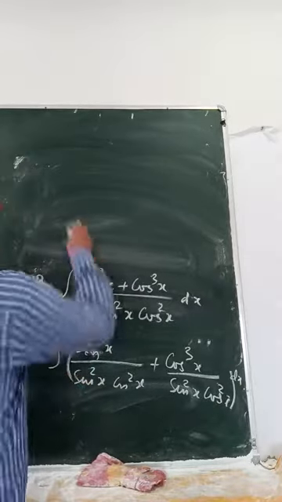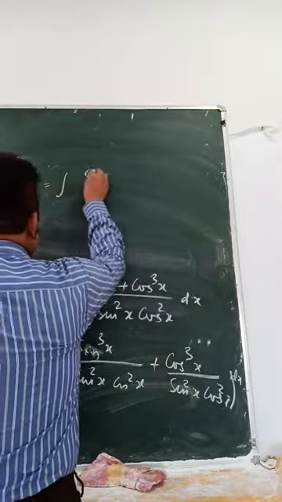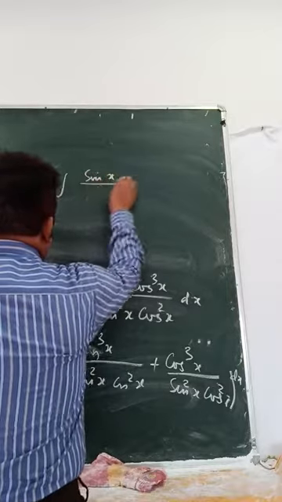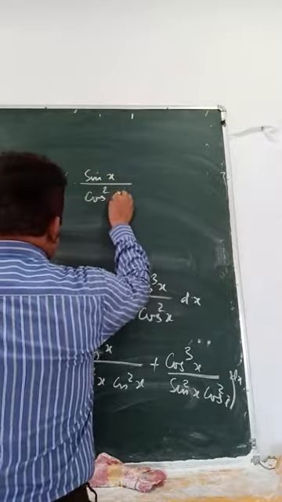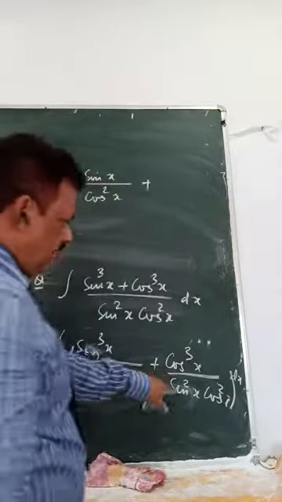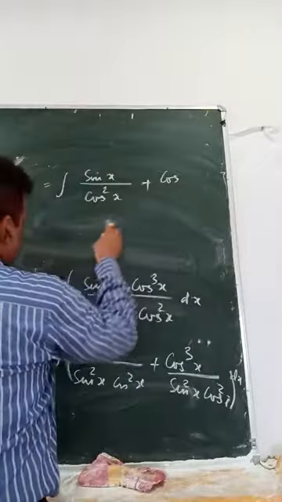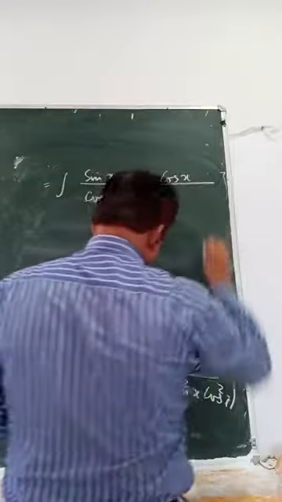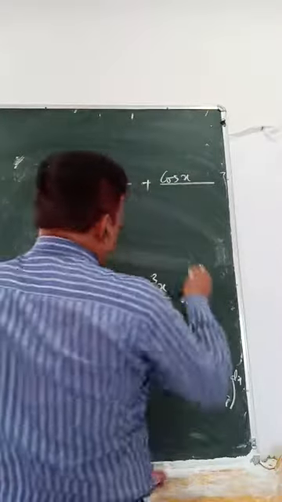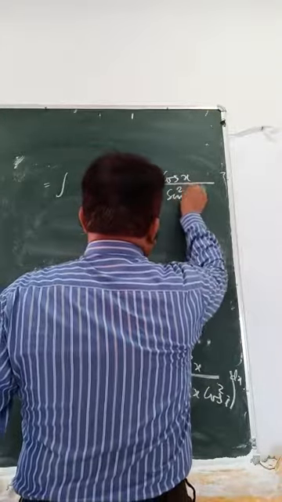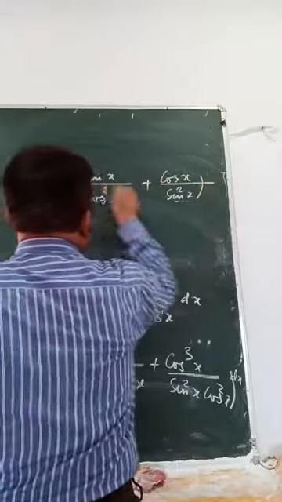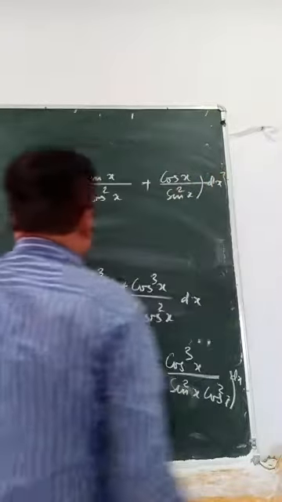Now this becomes sin x by cos square x, and this became cos x by sin square x, since one cos cancelled.